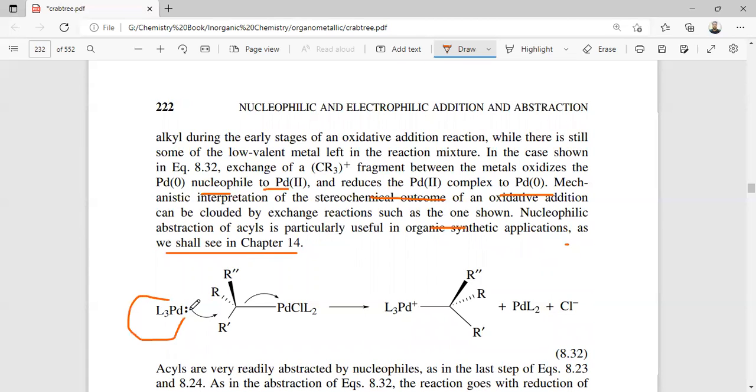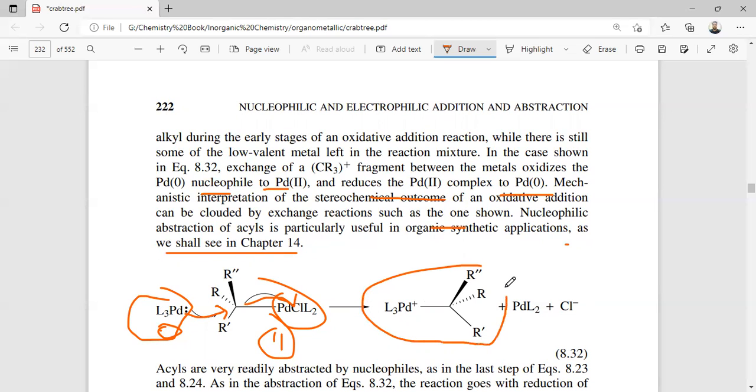So here this metal complex, palladium 0, is nucleophilic toward palladium 2. Here it is in the palladium 2 oxidation state, and here is the palladium 0 oxidation state. This metal complex acts as a nucleophile and attacks the carbon center of this alkyl group, with elimination of this metal fragment, to form this metal alkyl intermediate.